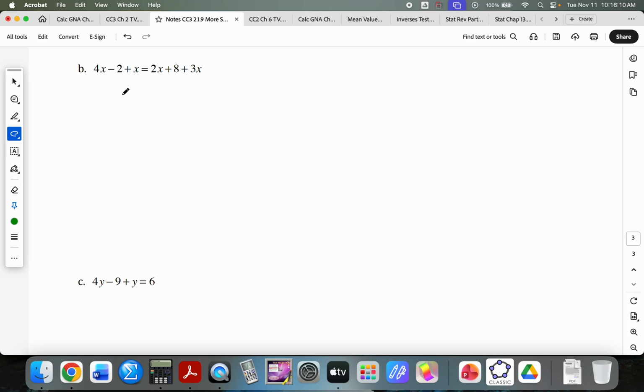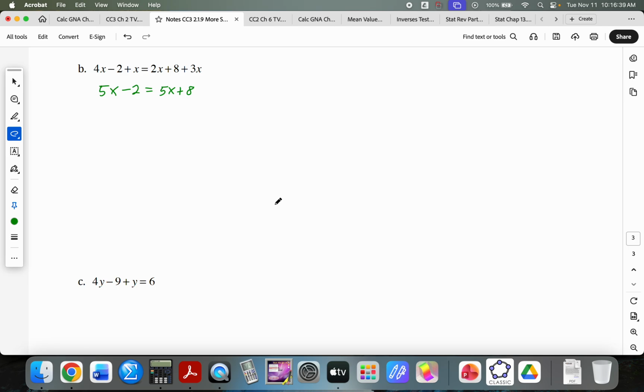So do 4x plus x. Yeah, 4x plus x is 5x. And then over here, 2x plus 3x. Yeah, that's going to be 5x plus 8. And then I always make the zero pairs with the x's first.